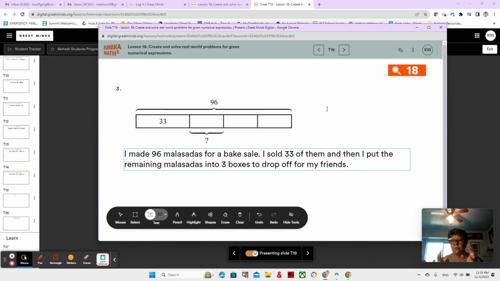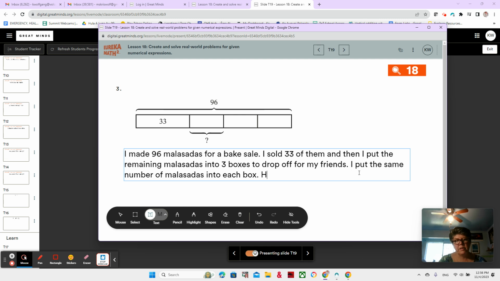Okay, so you know, like those boxes that you put donuts in, right? So I had 96 malasadas. I sold 33 of them, and then I put the remaining into 3 boxes to drop off to my friends. And I put the same number of malasadas into each box.